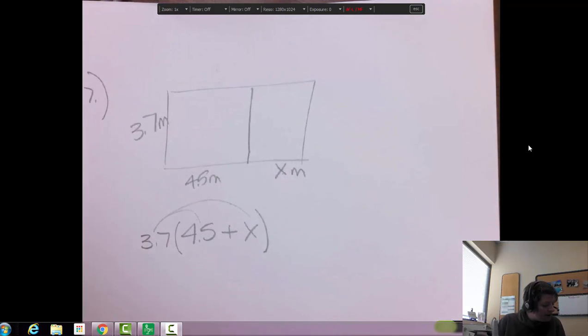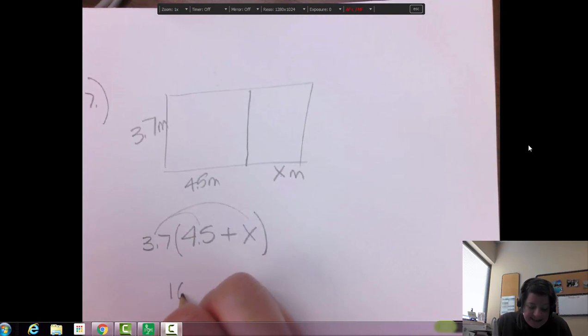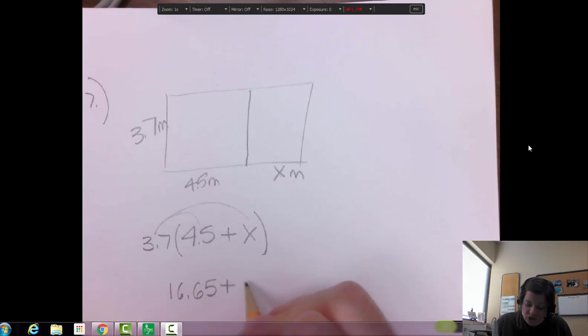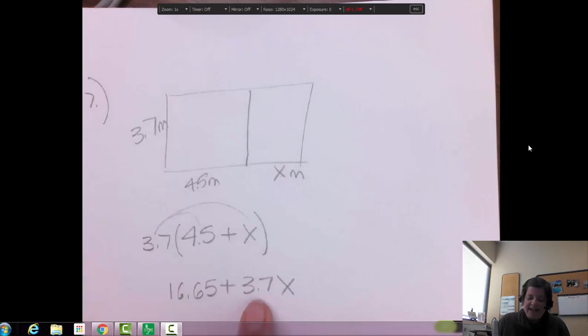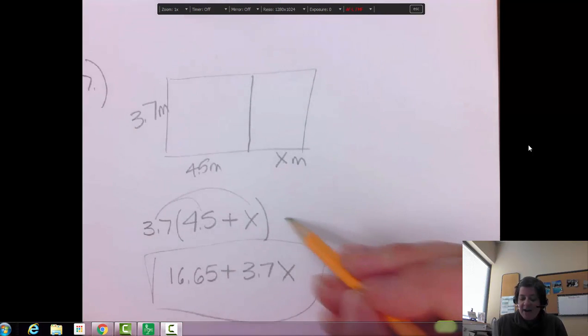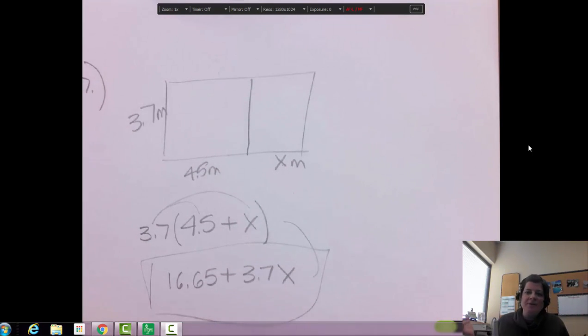So 3.7 times my 4.5 is going to give me 16.65. 3.7 times x is just 3.7x. We like to write the number first, then the letter, and that's it. This is the area, either expanded or not expanded. Both are the same thing, but one is written out expanded.